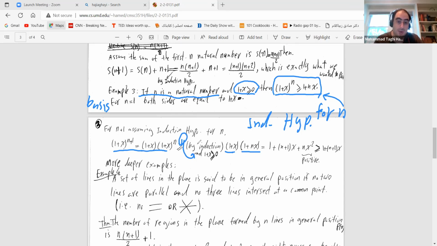Good. Here we are using two things. Note that the inequality 1 comes from two things. First is that by induction hypothesis, because we knew that this part is greater than this part. That's by induction hypothesis.